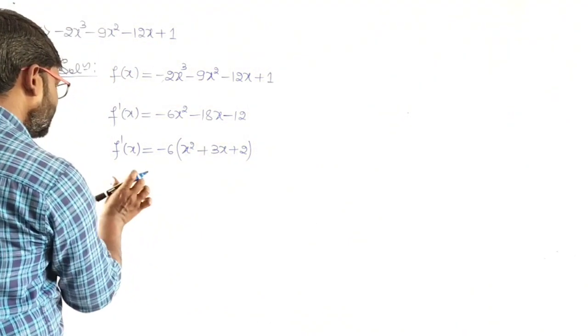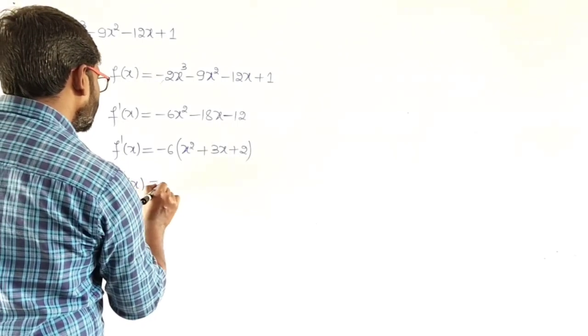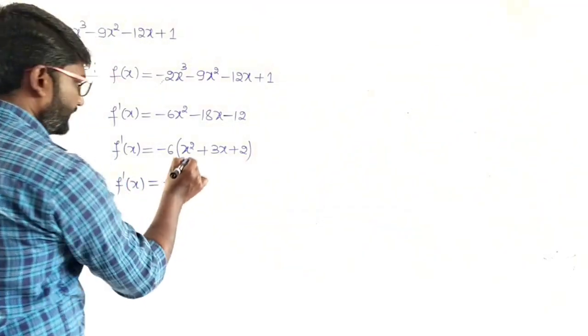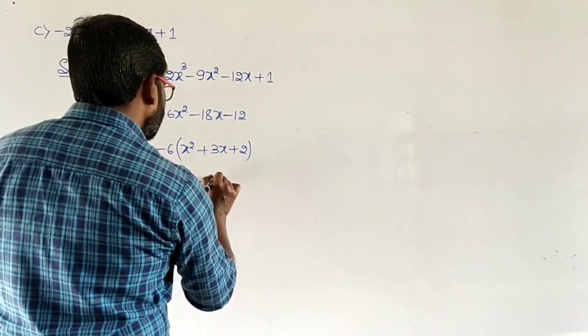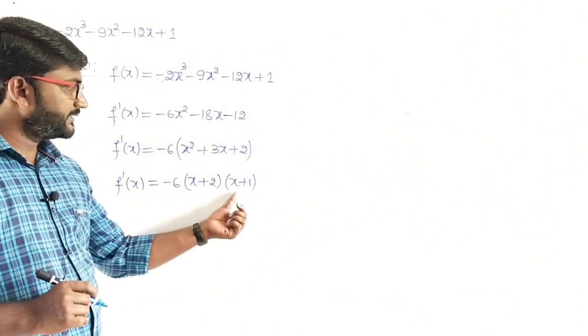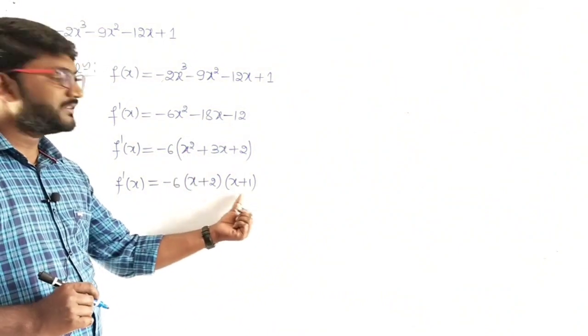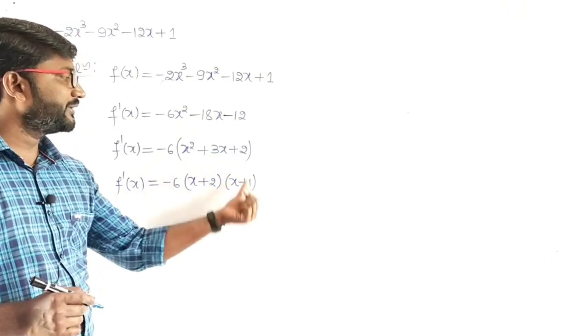So f dash of x, which is equals to minus 6 outside, then these two terms can be written as x plus 2 into x plus 1. So x into x, it is x square, x into 1, it is 1x, and here 2x will give us 3x if we add, and then 2 into 1, it is 2.